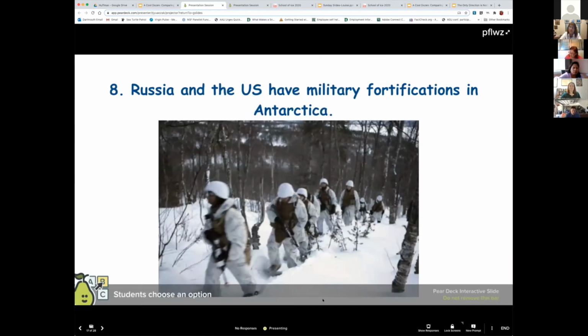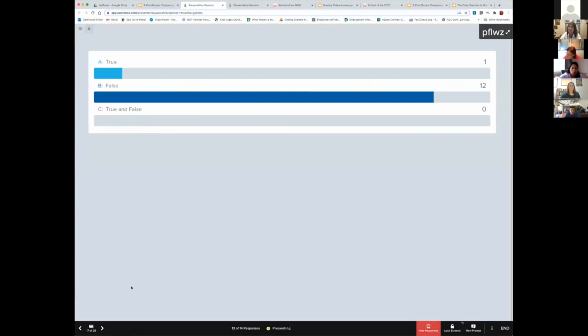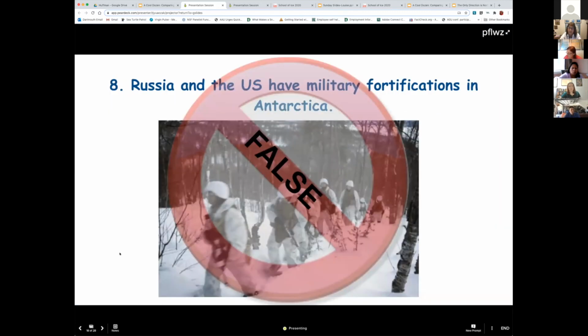Russia and the US have military fortifications in Antarctica. Mostly false, a couple of true, and it is false. Because Antarctica is set aside as a continent of peace in the Antarctic Treaty, there are no fortifications in Antarctica.